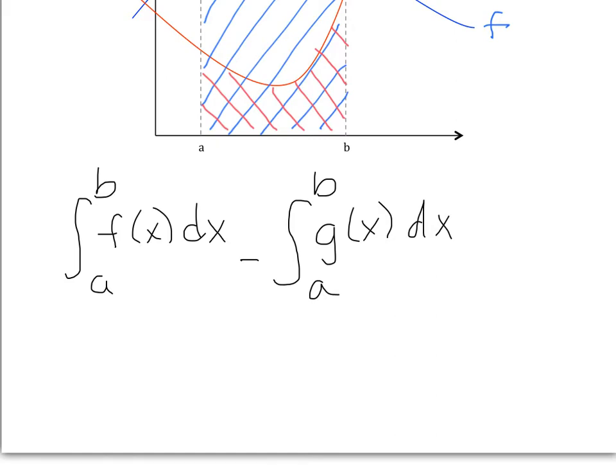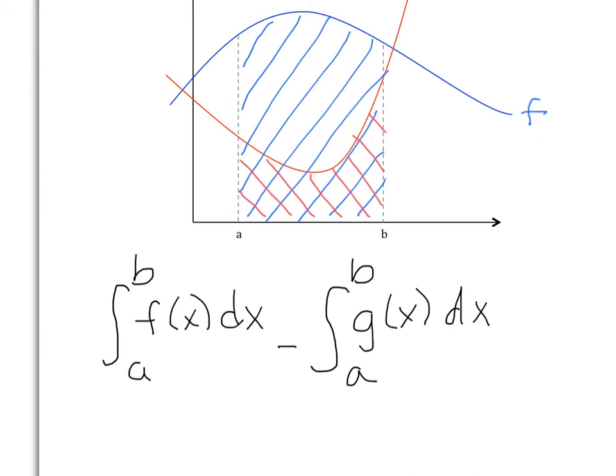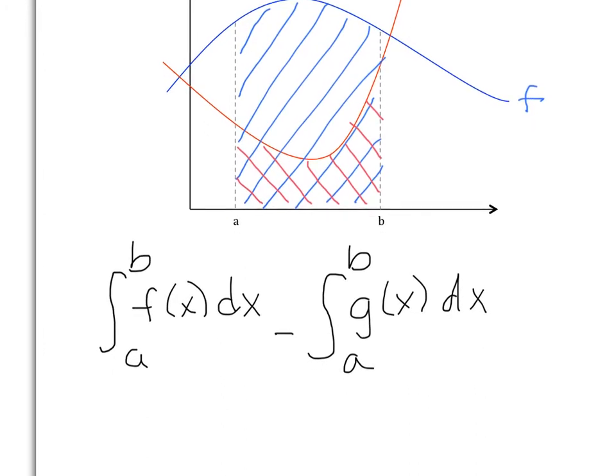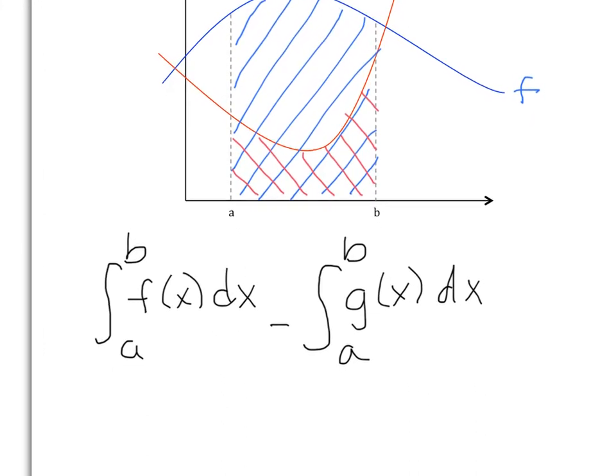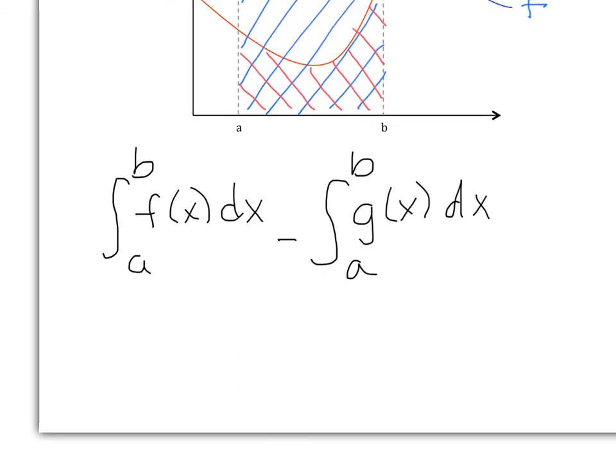We know that there is a property of integrals that will let us handle this a little bit more succinctly rather than doing two separate integrals. We could actually, technically, do it as one. We could just integrate from a to b the difference of the two functions.